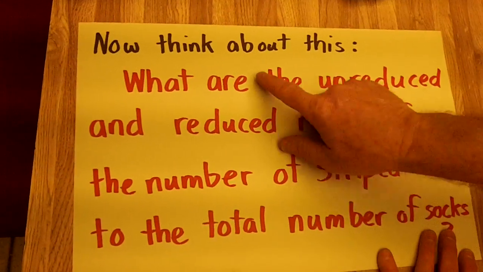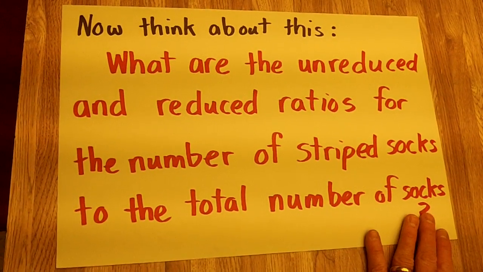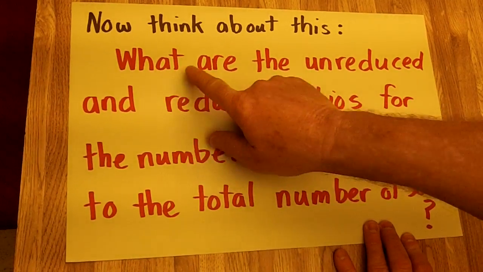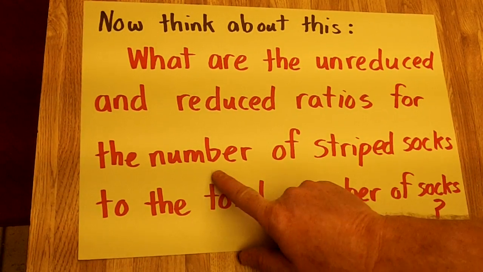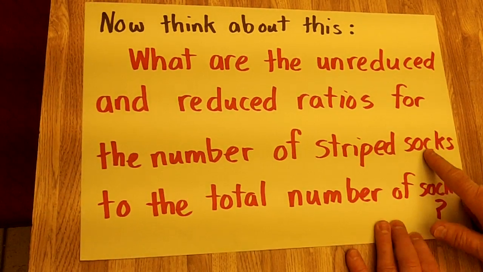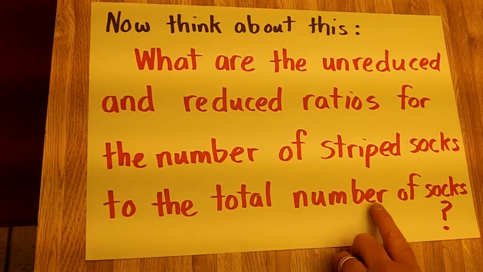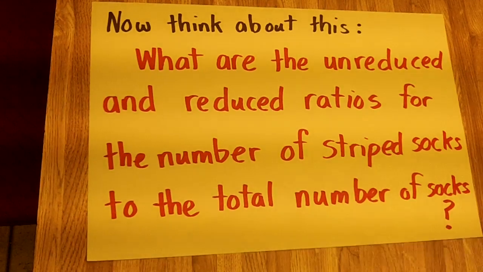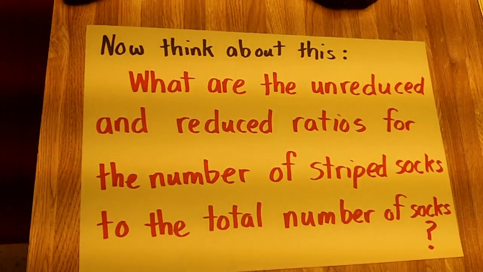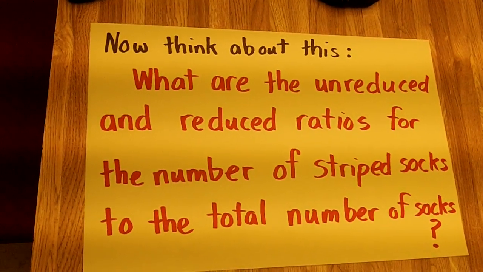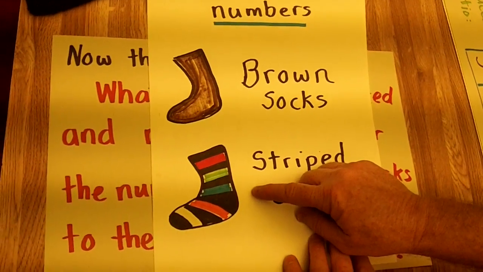Okay. Now let's think about what's here in red. What are the unreduced and reduced ratios for the number of striped socks compared to the total number of socks? Now, remember, when we first compared, we compared brown versus striped.